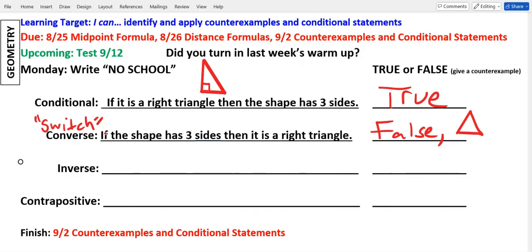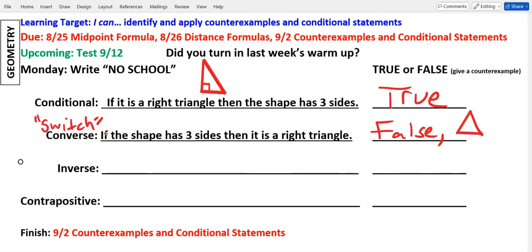Okay. Now, inverse. What do I got to do with P and Q? Back to my prop here. Inverse does no switching, but it's negate, which is a fancy word for opposite. And what's the one word I can use to make something opposite? Not, right? You're cool. Not. Okay.